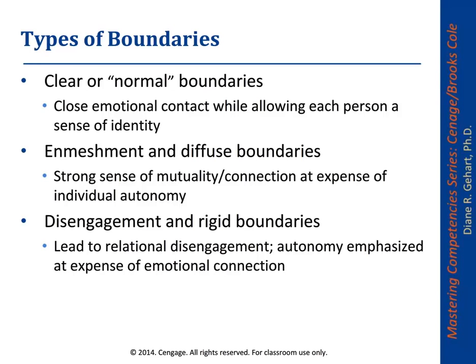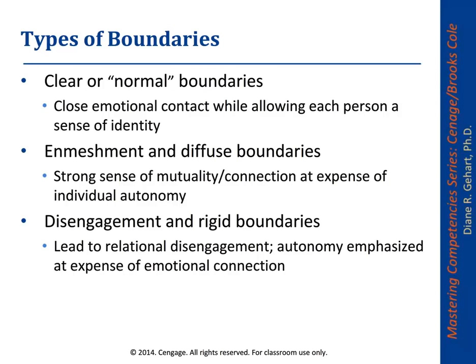Depending on how the culture encourages emotional expression, or what forms of emotional expression are appropriate within a given culture, that's going to change what the boundaries actually look like. And you know that you have normal, healthy boundaries when no one in the family is having significant symptoms or problems. So it's very important to note that if you're assessing a family that's presenting with problems, typically you're going to have either enmeshed or disengaged boundaries because something's gotten out of balance.